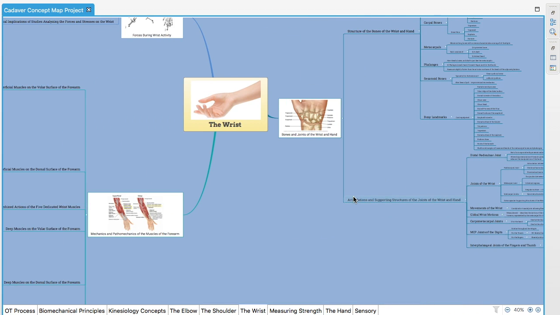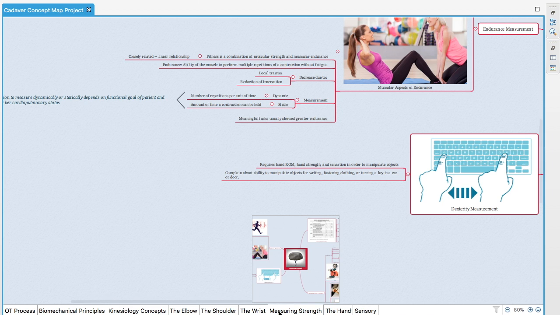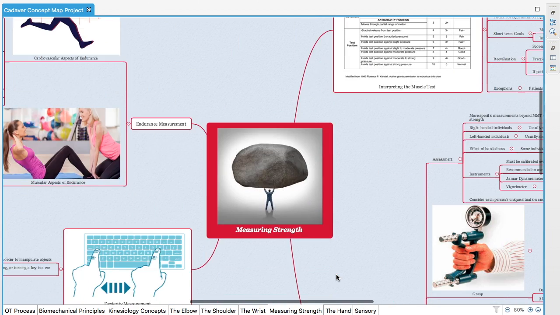We have also reviewed the ways to measure strength in the hand while considering sensory aspects of it as well.